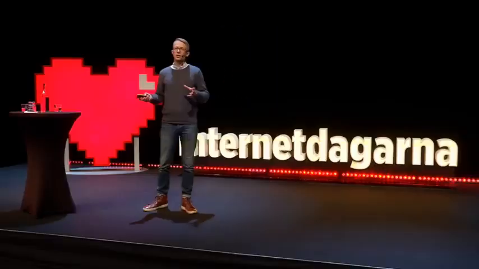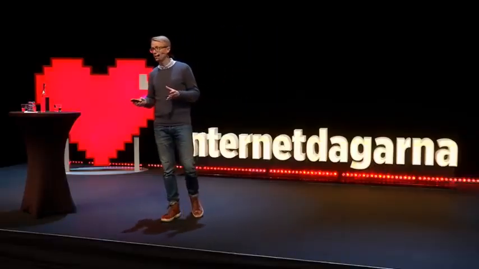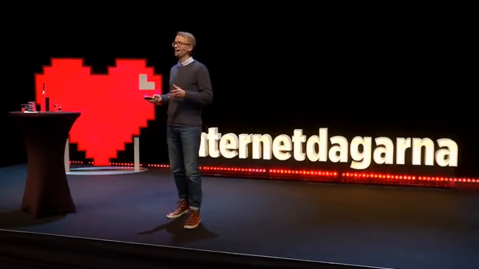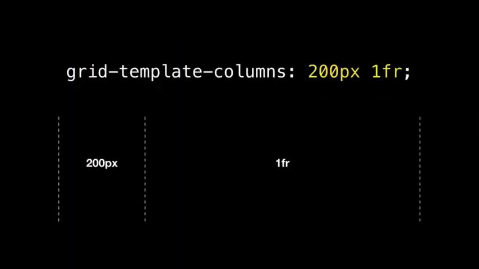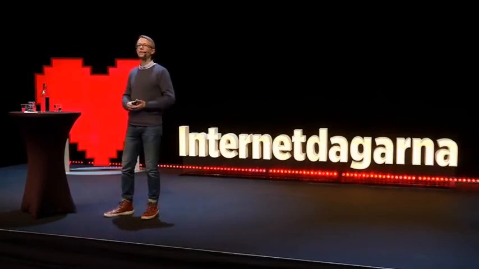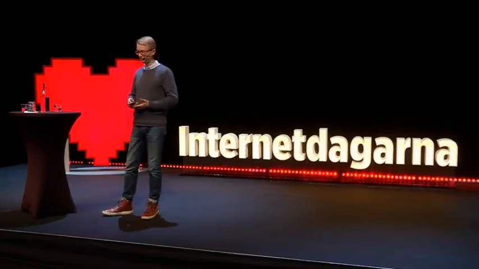Now this example changes the second column to a flexible width. CSS Grid introduces a new fr unit, which means fraction of the available space. So in this case, the grid algorithm in the browser reserves 200 pixels for the first column, and then it looks at the remaining space and says, okay, it says 1 fraction, and we've only got 1 column left, so we're going to give all the space that's left to the second column.